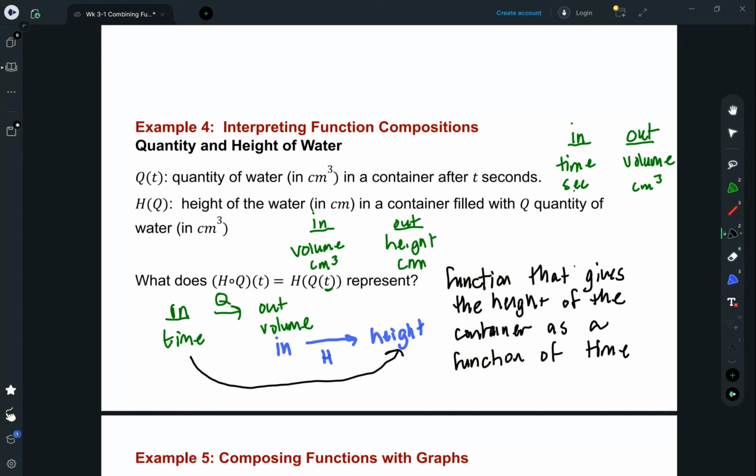These little in and out tables really help me. q takes in time, spits out volume. h takes in volume, spits out height. So if we go all the way from the input to q to the output of h, we put in time and spit out height. Therefore, that function h of q of t represents height as a function of time.